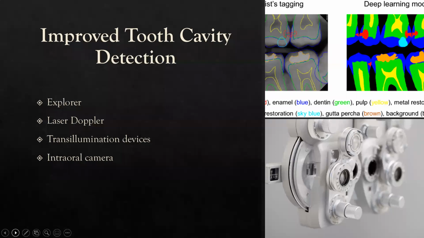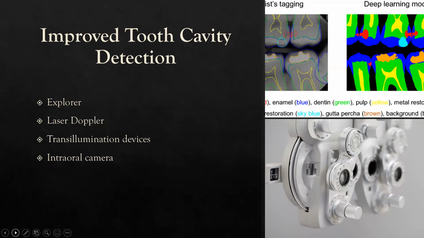Now, there are newer and better methods for that. One of them is a laser Doppler, which uses laser waves to detect decay, and then it gives you a certain reading on the device. The transillumination devices detect color change within the tooth to detect decay.